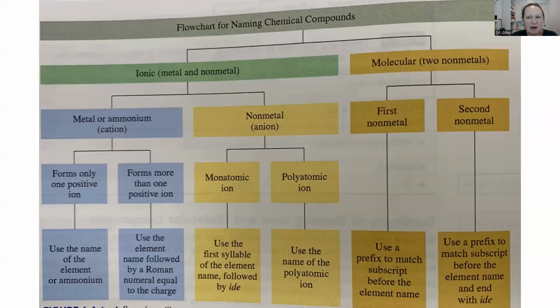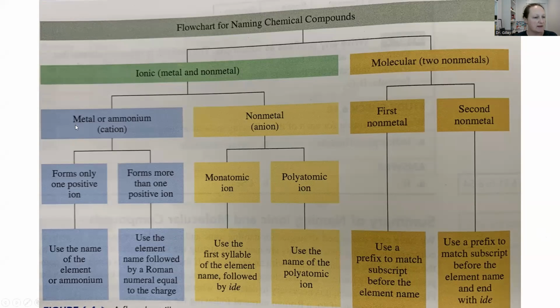Okay, so let's talk about where we're at right now, where we're going next, and what we'll talk about last. So far we have talked about naming ionic compounds, which are formed from a metal and a non-metal that have formed ions, right, and are attracted to each other as a result of their opposite charges.